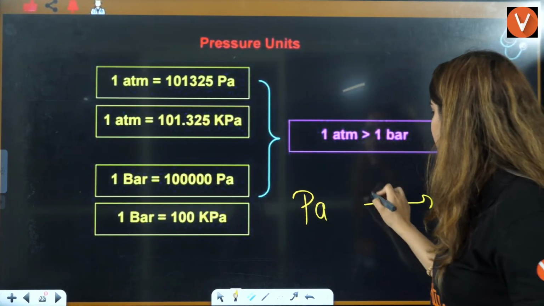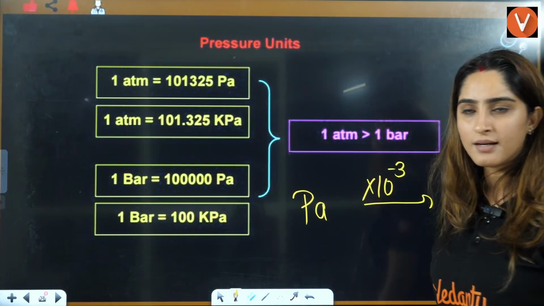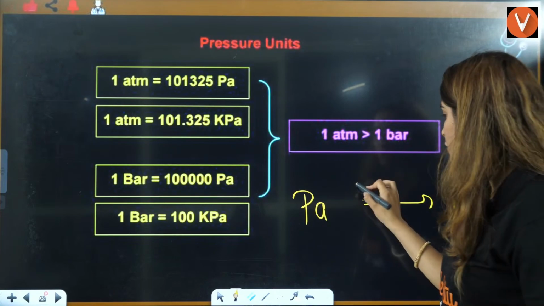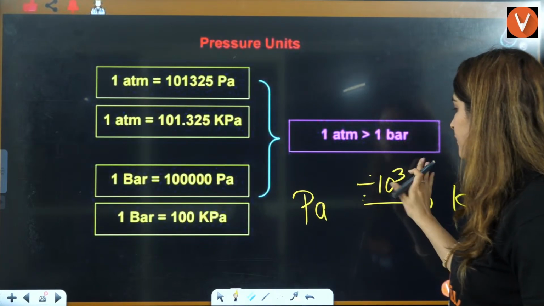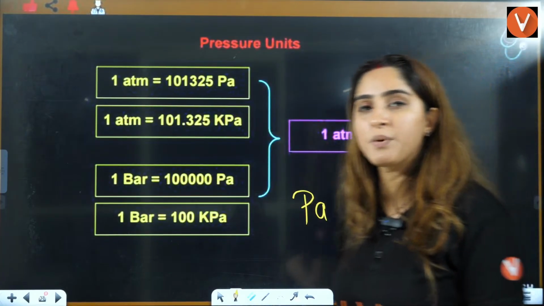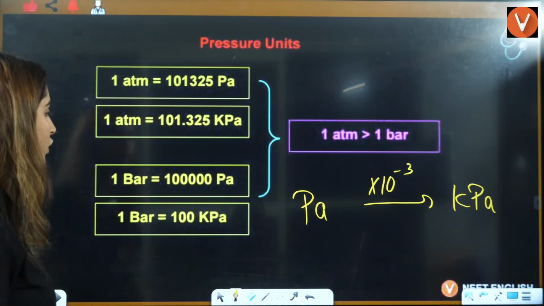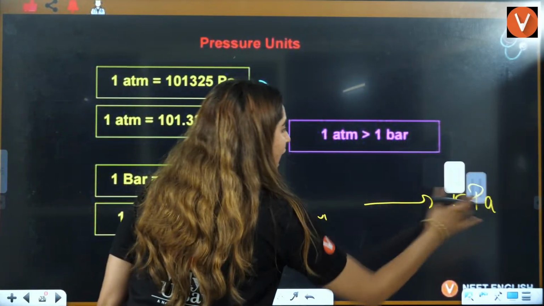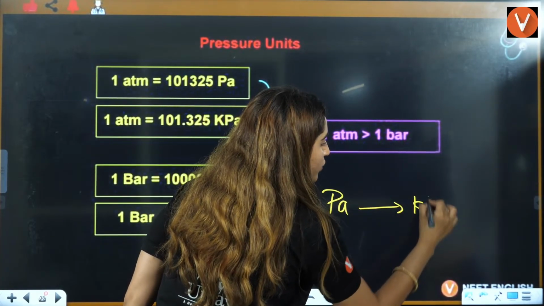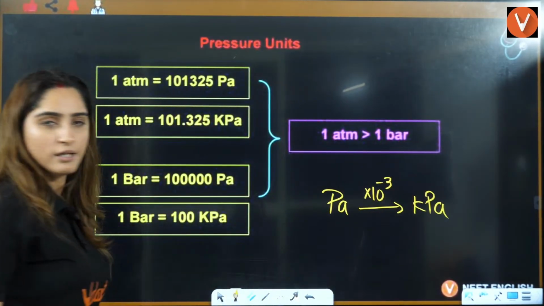Small to large, you will divide by 10 raised to power 3, so you multiply by 10 raised to power minus 3 and it will be converted to kilopascal. You don't have to do anything for that, so we are not going to focus on it. Pascal to kilopascal, you can easily convert by multiplying with 10 raised to power minus 3, right?